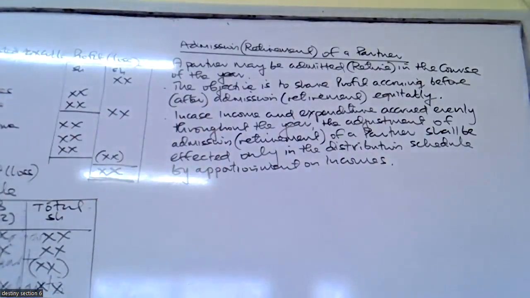So in case income and expenditure, according to the examiner, are accrued equally throughout the year, then the adjustment for admission or retirement of a partner shall be effected only in the distribution schedule by apportionment of incomes. You will not need to adjust the income statement.